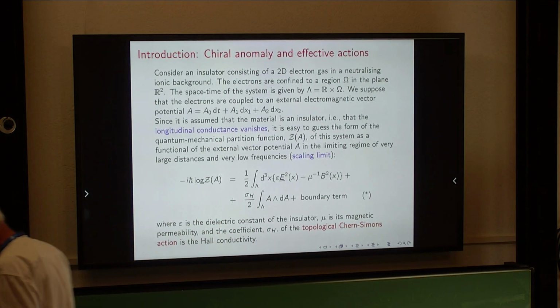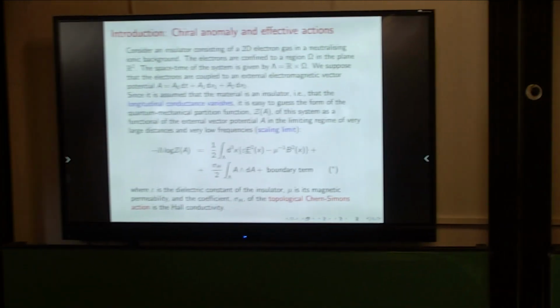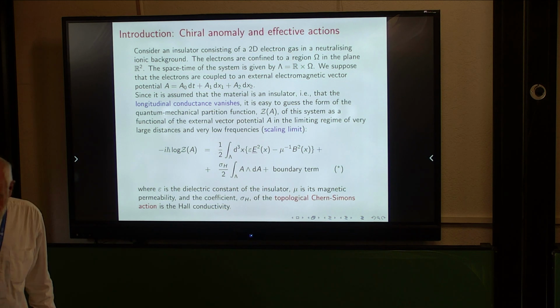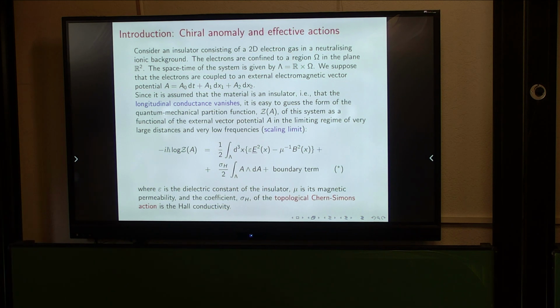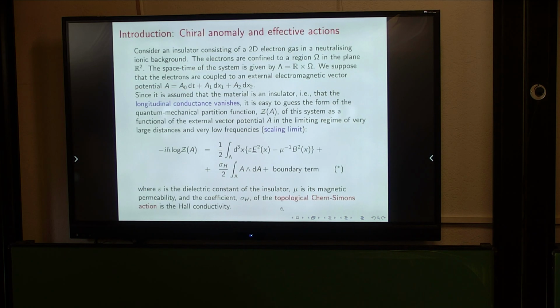So then I want to consider the response of the system if I modulate the external electromagnetic field by small amounts, just like in Abanov's talk yesterday. I describe my external electromagnetic field in terms of the vector potential A, which is a 1-form.